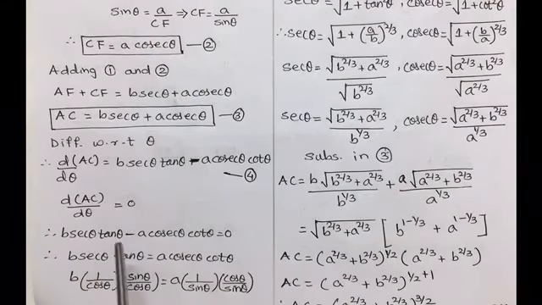So we get B sec theta tan theta minus A cosec theta cot theta equal to 0. Shifting A cosec theta cot theta to the other side. Converting sec theta as 1 by cos, tan theta as sin by cos. Same here, cosec as 1 by sin, cot as cos by sin.